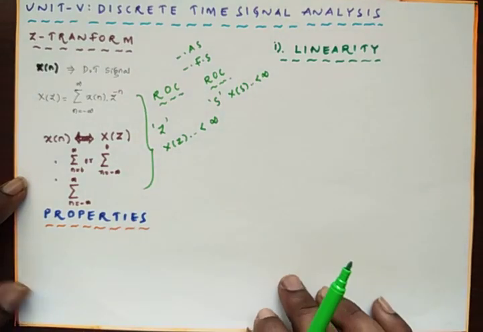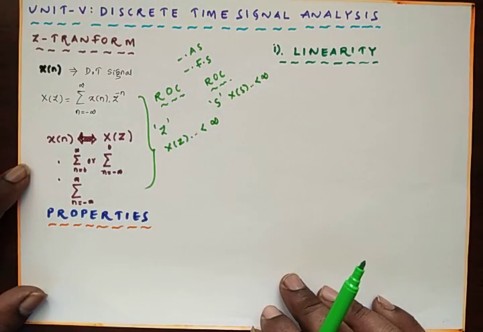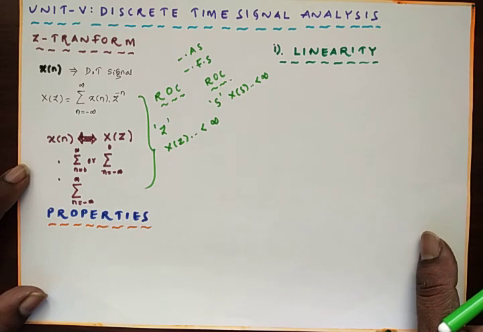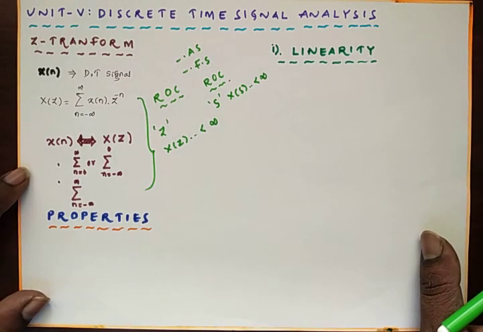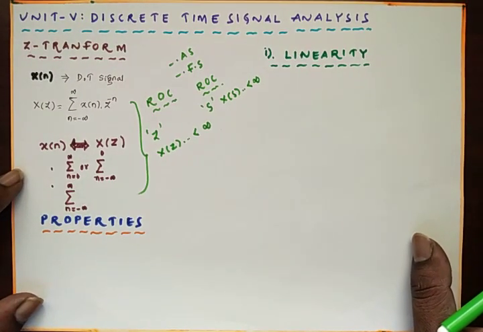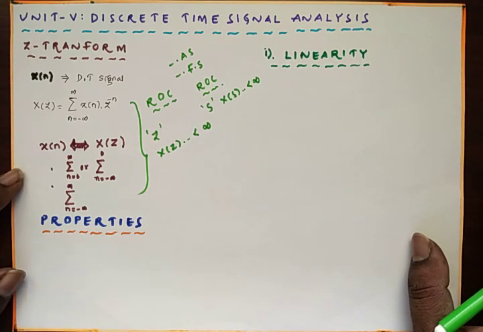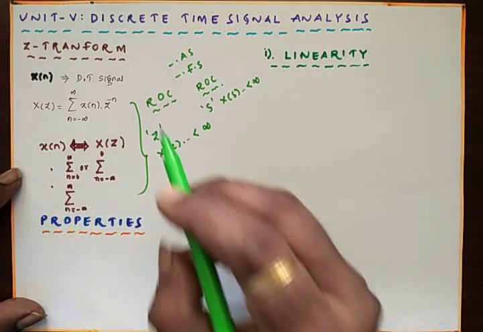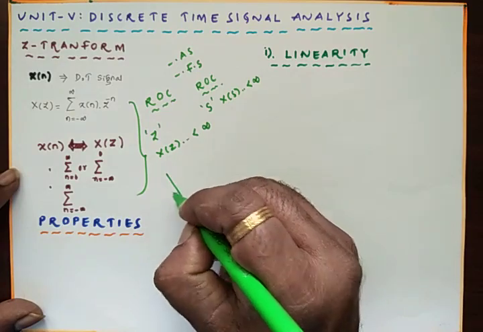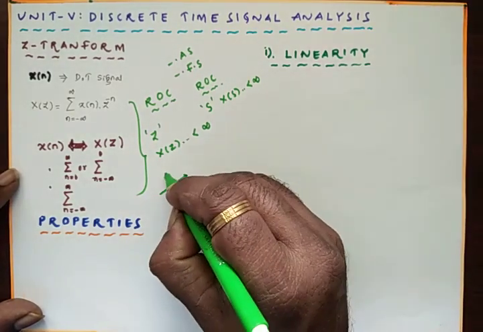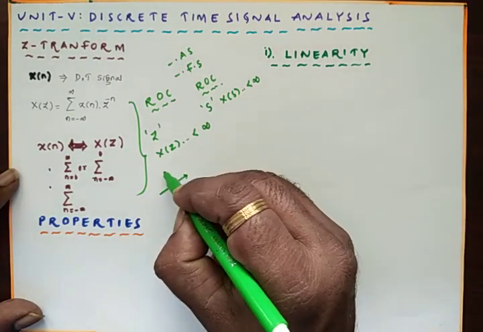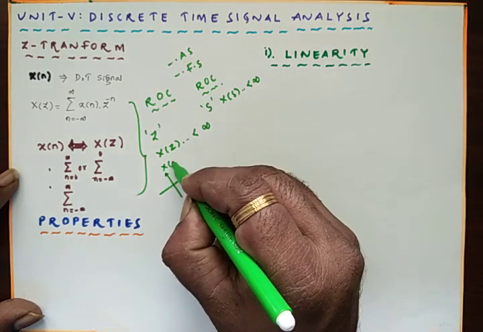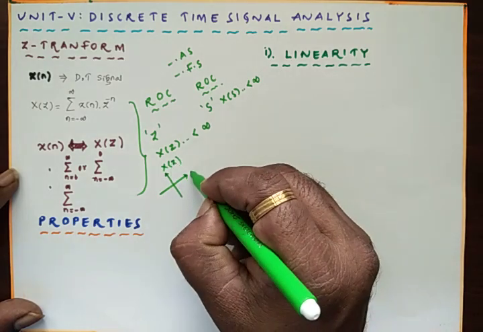In case of Laplace transform, you can have the ROC in the form of either a square or a rectangle shape, whereas in the case of Z transform we can have the ROC in the circular form. So ROC in case of Z transform is in the form of a circle. Now we can call this X of Z, and this will be Z.